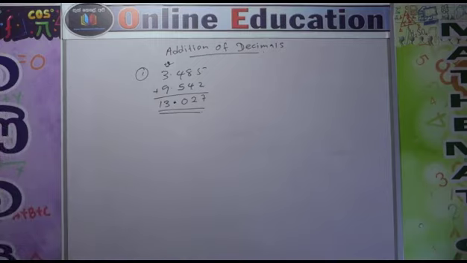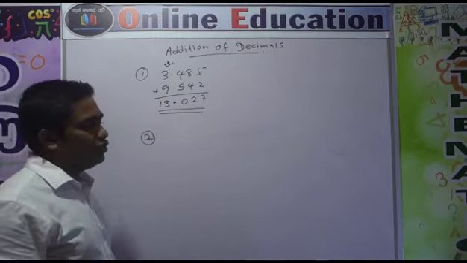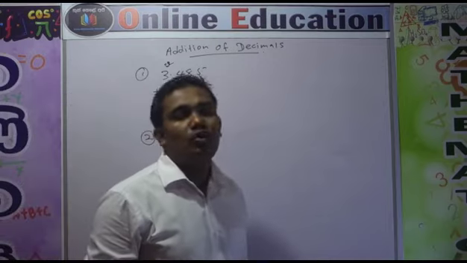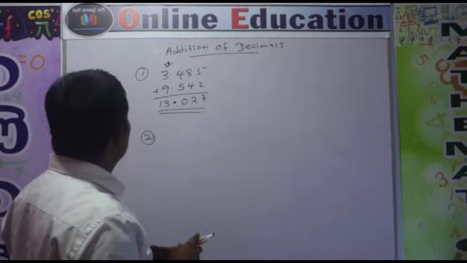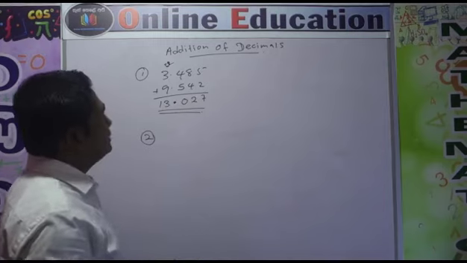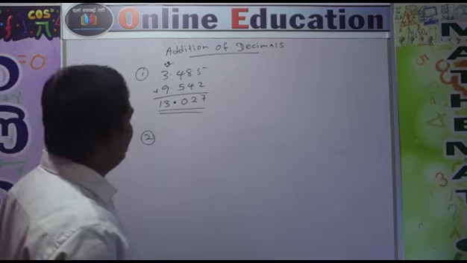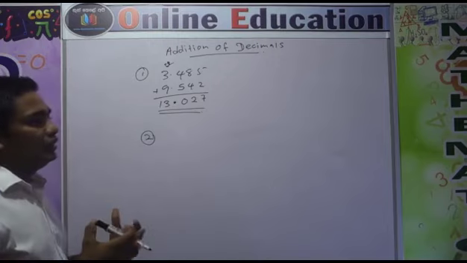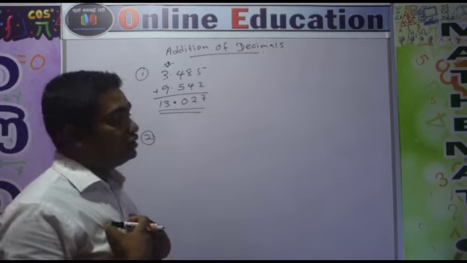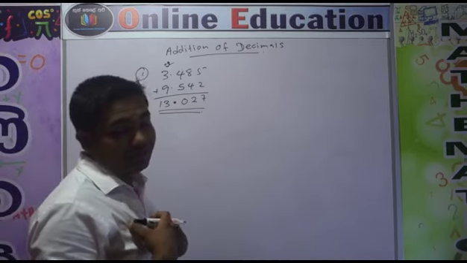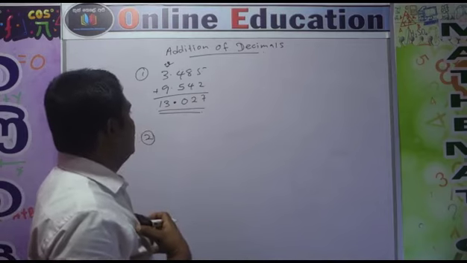It's very simple. I think we don't want to discuss more and more examples. Simply I will give you one or two examples for this because this is a very simple chapter. These things need to be in our blood. This knowledge should be in our blood.